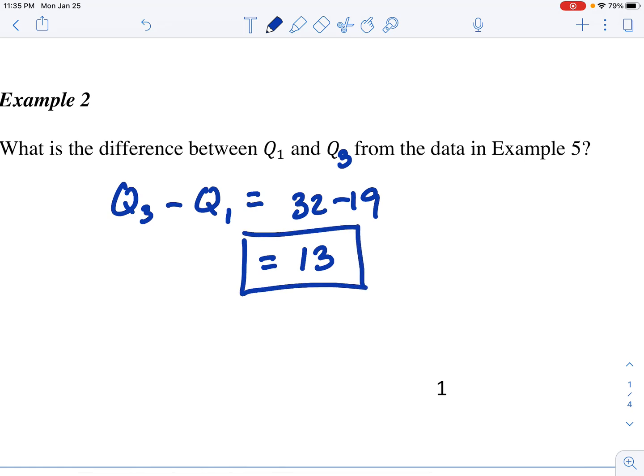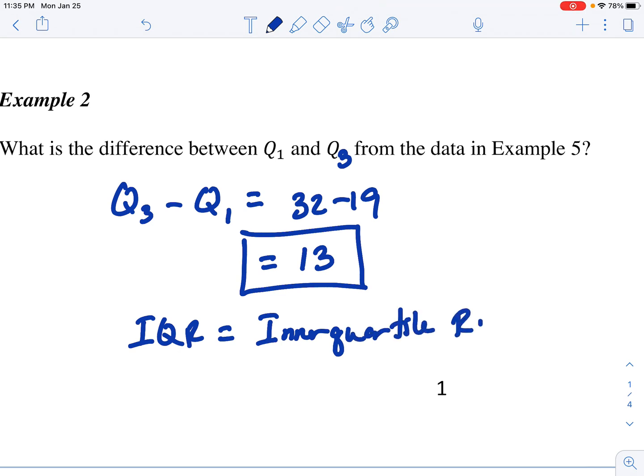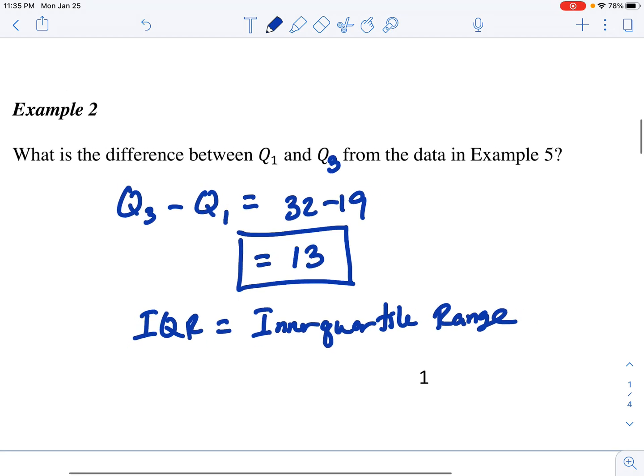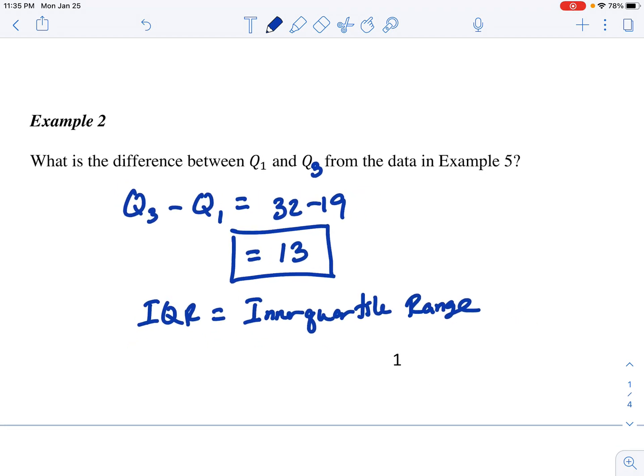This right here represents our IQR. That is our inner quartile range. Okay, and we're going to use that to help us find our outliers.